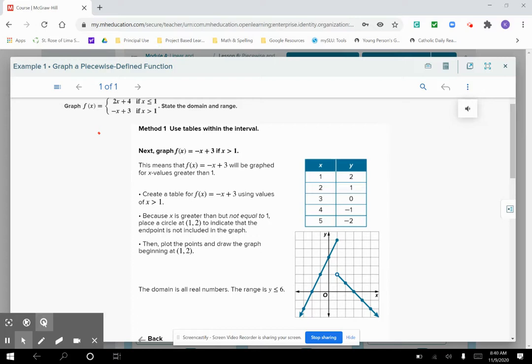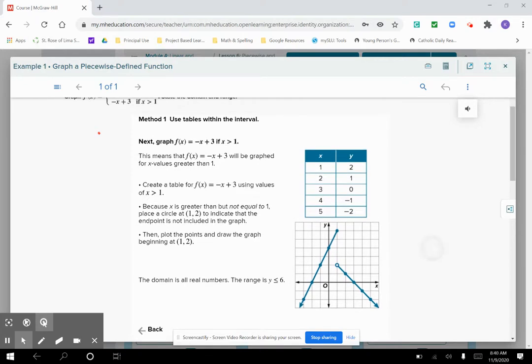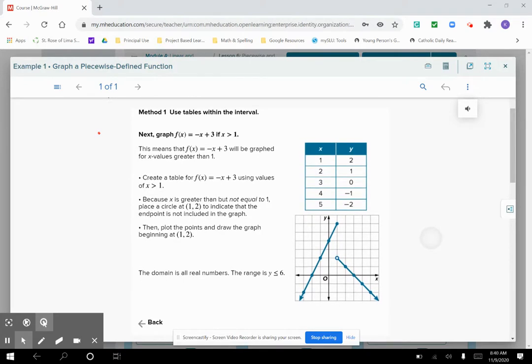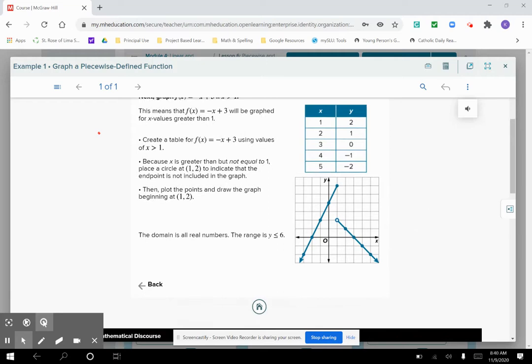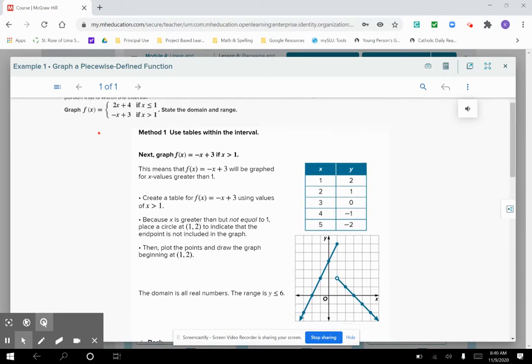Mainly, they're not together. So the domain is all real numbers, and the range is y has to be less than 6. So this is what a piecewise graph looks like.